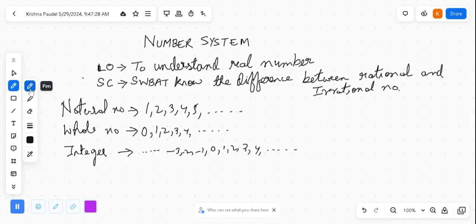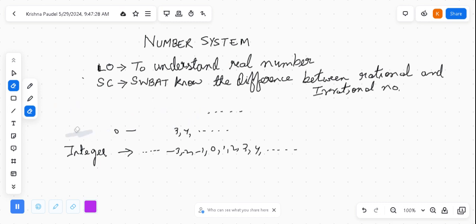So what is a rational number then? If you go into the detail of rational numbers, let's see the definition of rational number first.